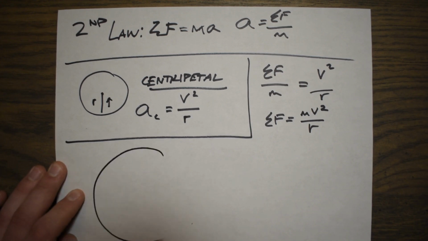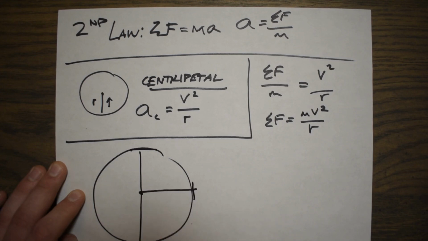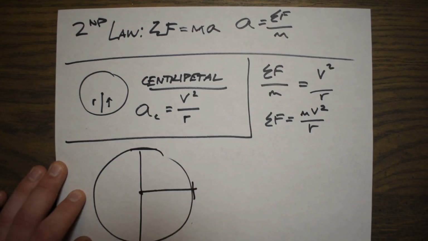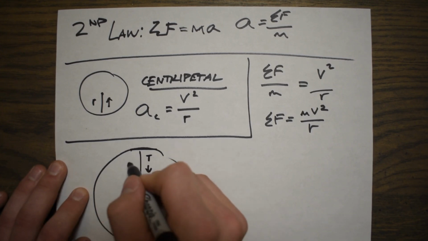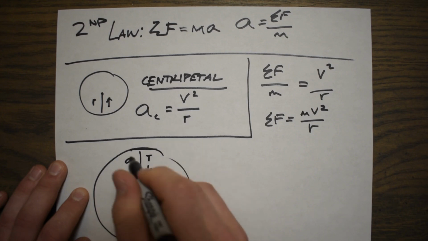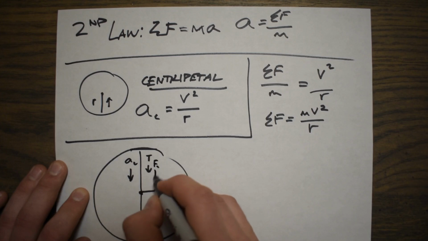So if we draw a big model of our swing at several different points here, they wouldn't really go upside down, but we're going to use it for this example. So let's start at the top. The forces we have here are the force of tension going down, the centripetal force going down, and we also have the force of gravity going down.